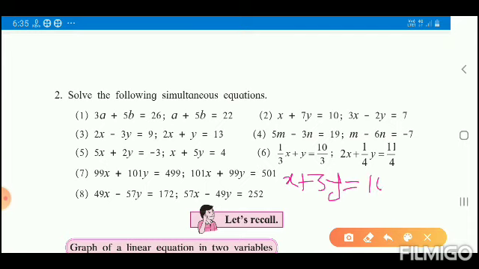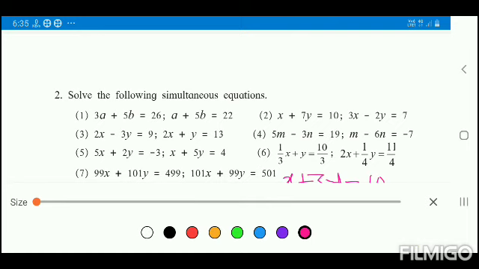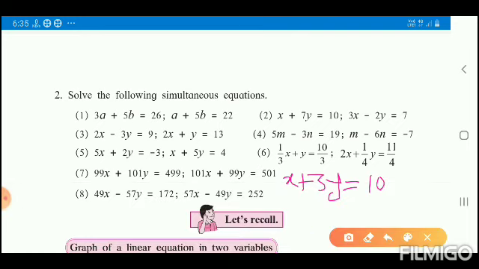This is your equation number 1. Now again we will multiply the second equation by whatever denominator is there. What is the denominator? 4. So we will multiply it by 4.